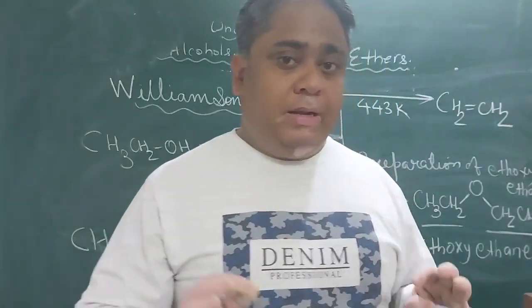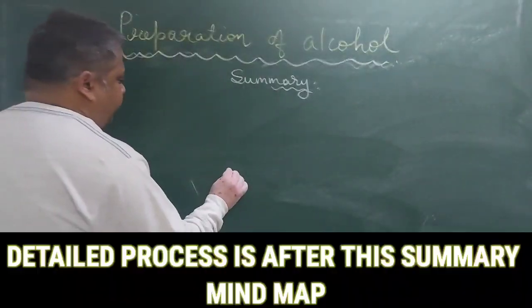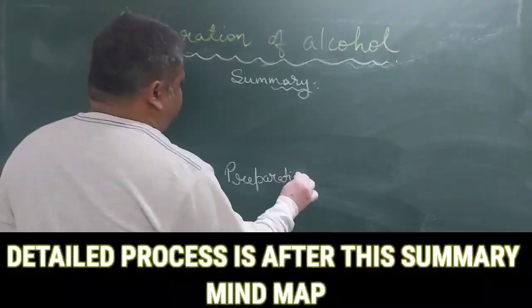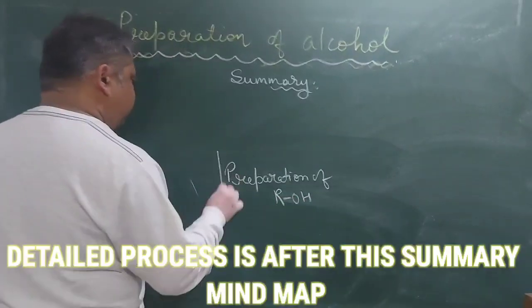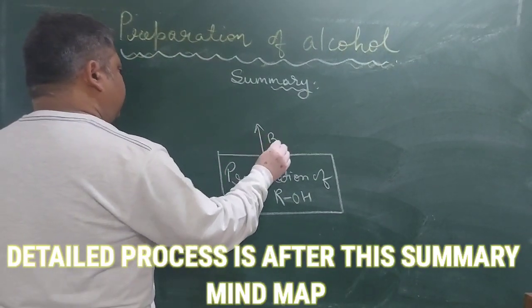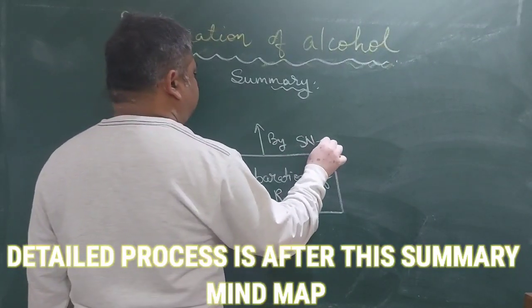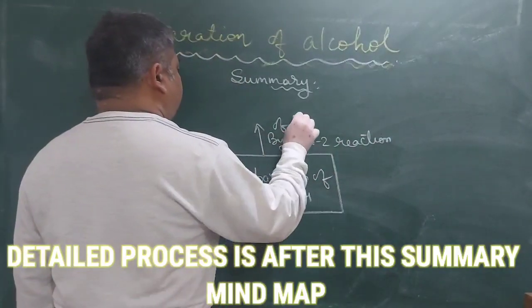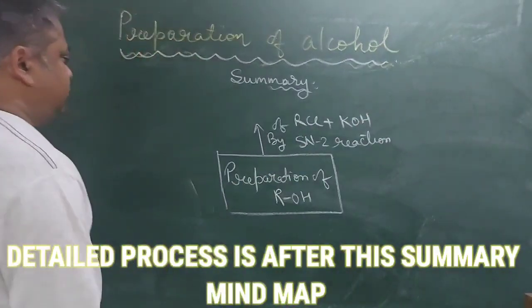Now we will start with preparation of alcohols. Okay, how do we prepare alcohol? Preparation of alcohol: by SN2 reaction of RCl plus KOH. What else?